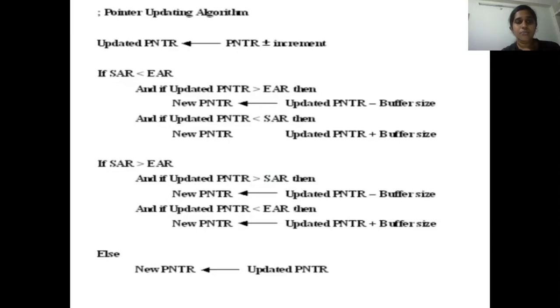If the starting address of the register is greater than the ending address of the register, and if the updated PNTR is greater than the starting address of the register, then the new PNTR is the updated pointer register minus buffer size. If these two cases are not followed, in the else case, the new pointer will be the same as the updated pointer. This is what needs to be observed in general.